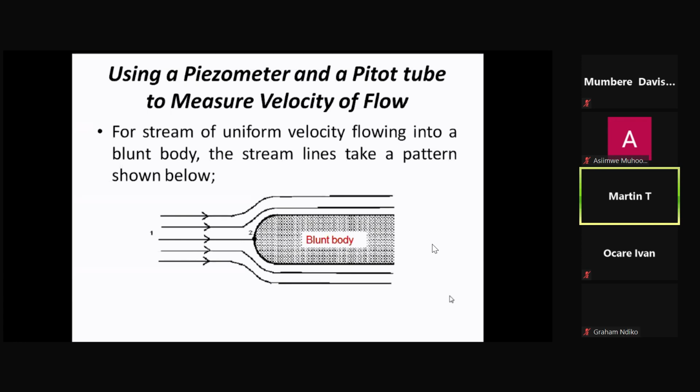At that point, there are no velocities to sway off that object. So those are the streamlines you would get if you put a blunt body or solid body into water.